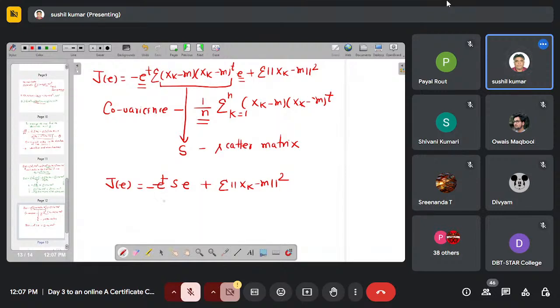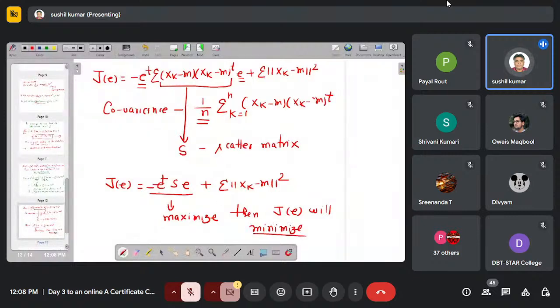Now, if I want to reduce this error, it is very clear that if this value is maximized, because it is a negative value here, then J(e) will be minimized.